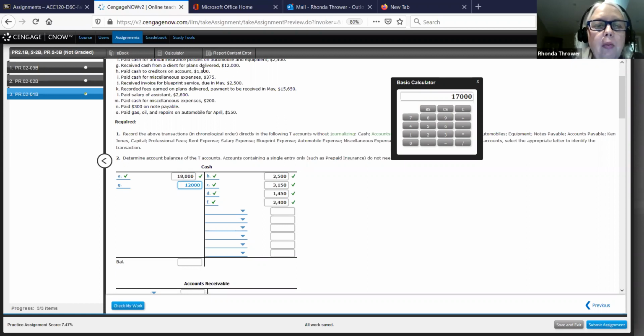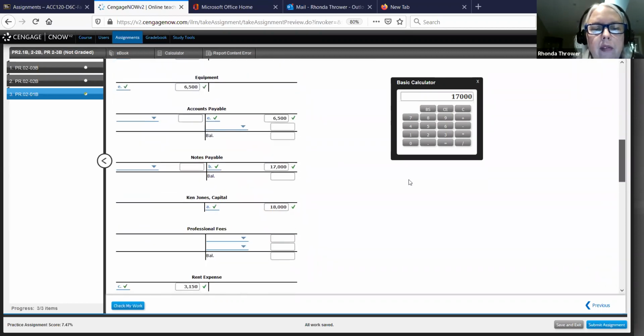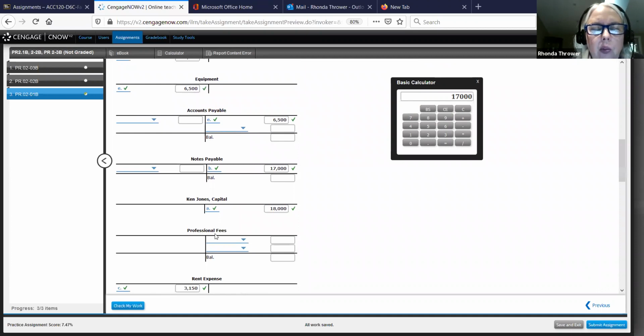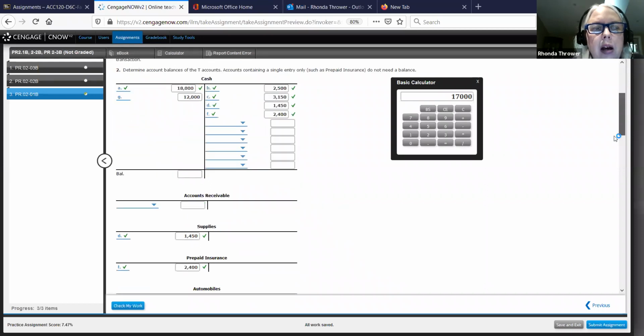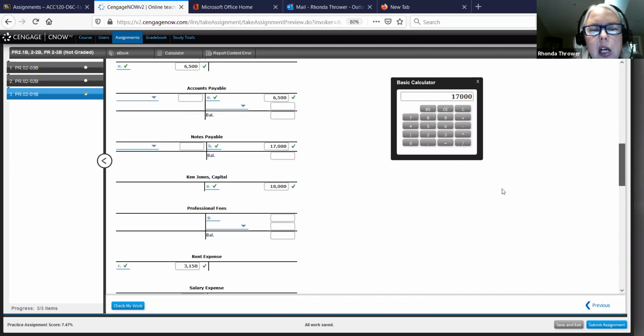The plans that were delivered is your revenue account. In other words, you have worked in this business and you've earned some revenue. The revenue account title is professional fees. So I'm going to label this as transaction G, and I'm going to put down the amount of my revenue, which was $12,000.